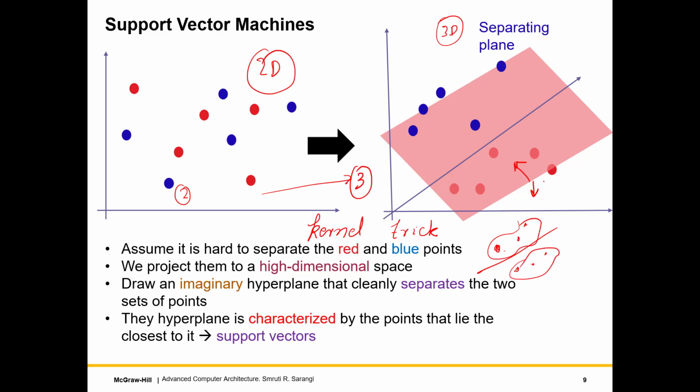In a certain sense, even without computing the equation of the plane, just by keeping track of the points on both sides that are the closest to the plane, we can have a reasonably good approximation of the plane, which for our purposes is good enough. And using such support vectors, which is basically a proxy characterization of this plane, I can separate out the two kinds of points. The key advantage is that if a new point is given to me, I can figure out whether it would be above this plane or below this plane, and I would make a prediction accordingly.